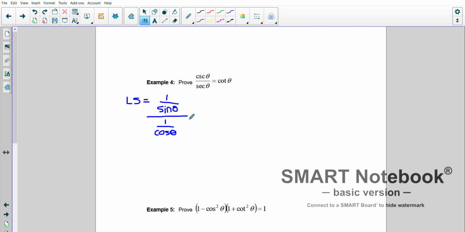So like last time, I'm going to divide these fractions by going 1 over sine theta multiplied by the reciprocal, cos theta.